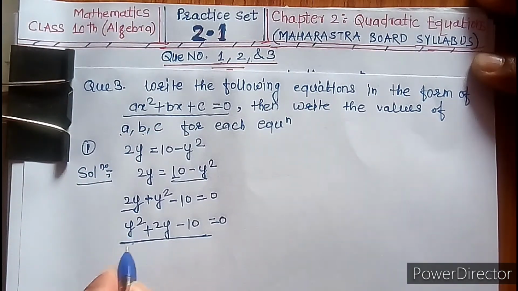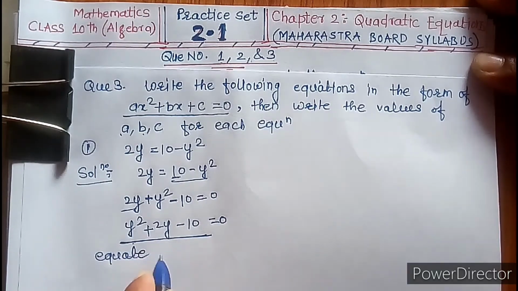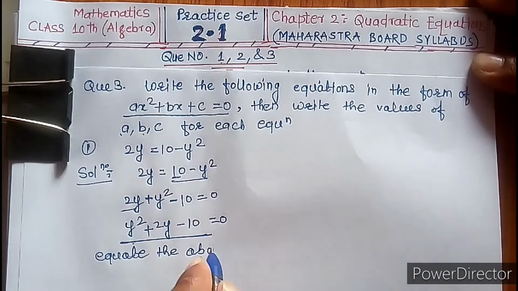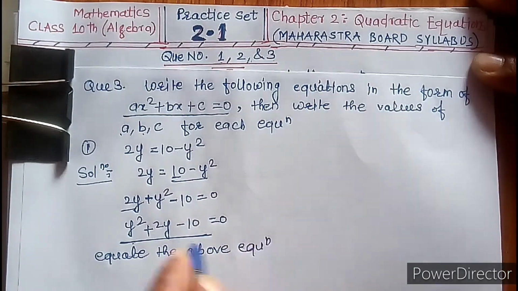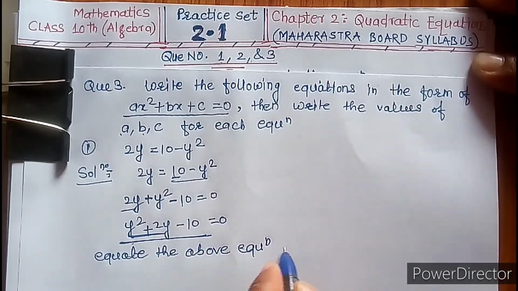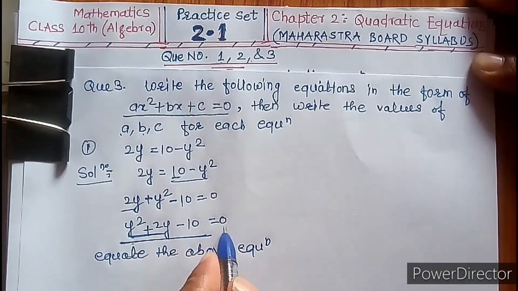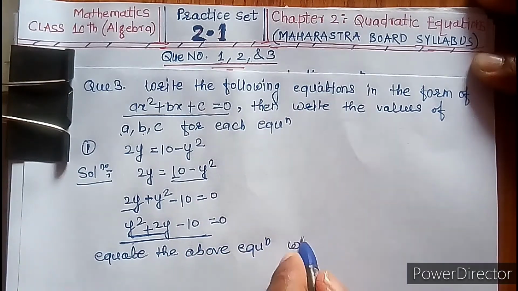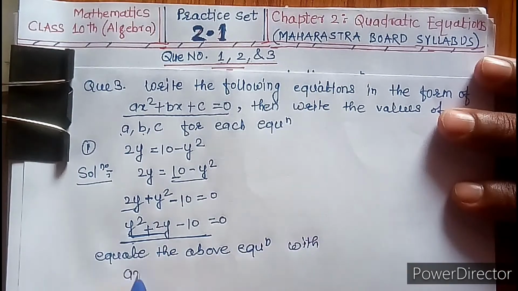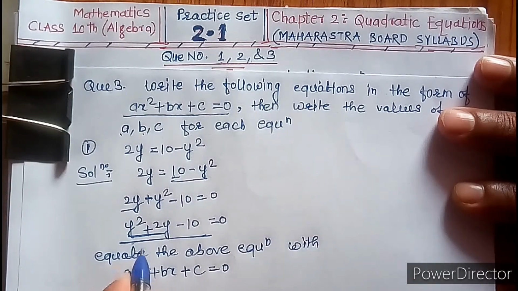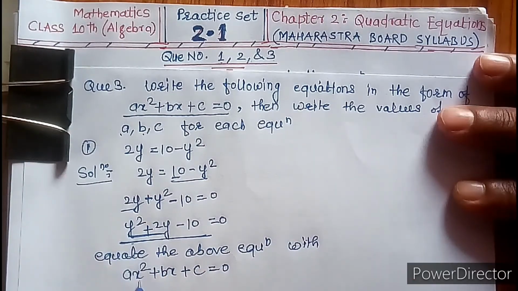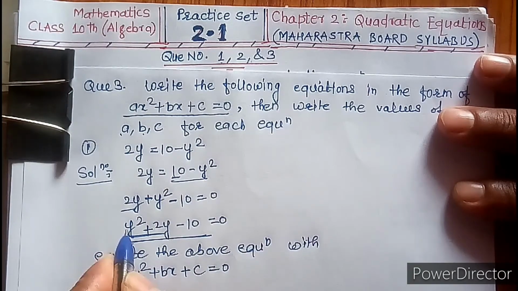That is, we compare the above equation, y square plus 2y minus 10 equals to 0, with the standard form ax square plus bx plus c equals to 0. Here the variable is y and in the standard form the variable is x, means the format is same, only the variable is different.